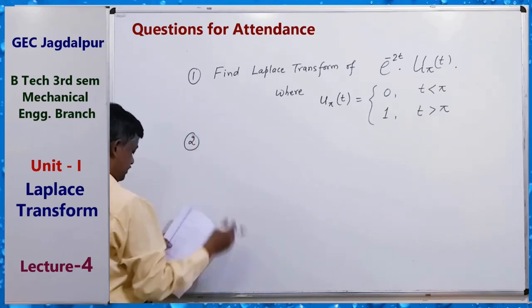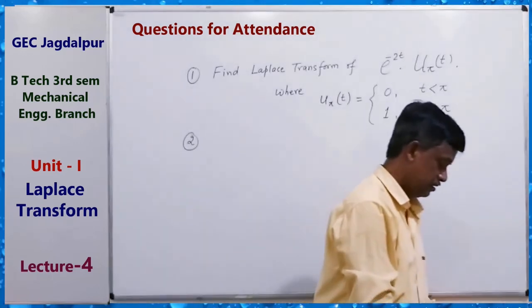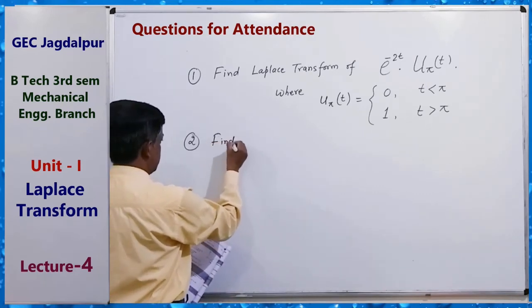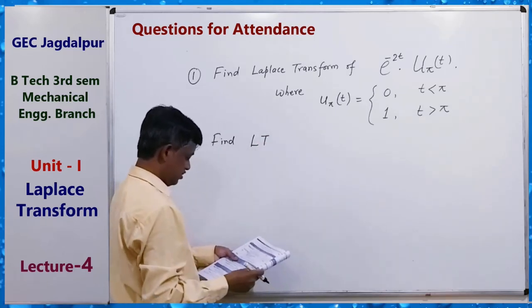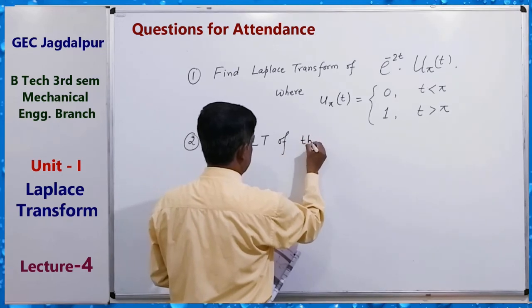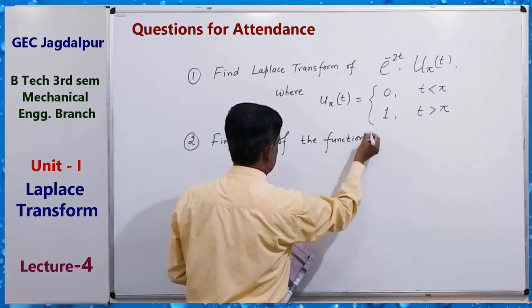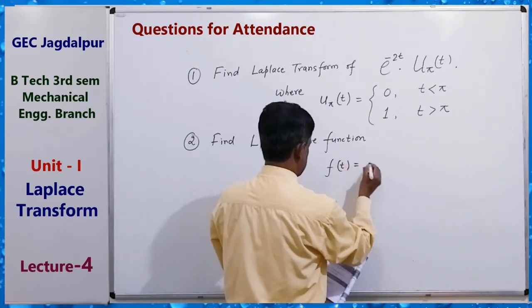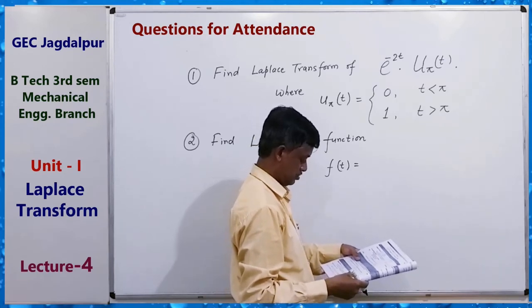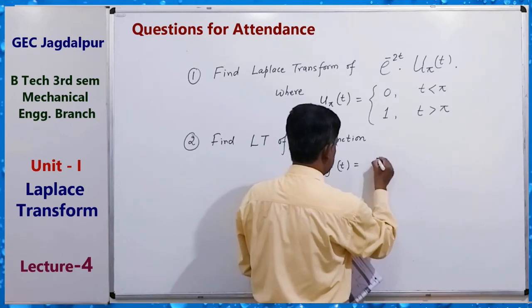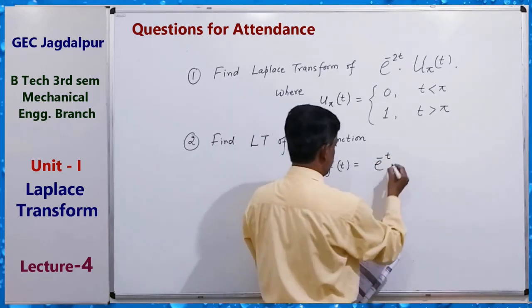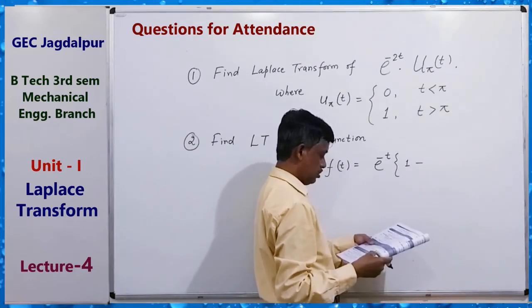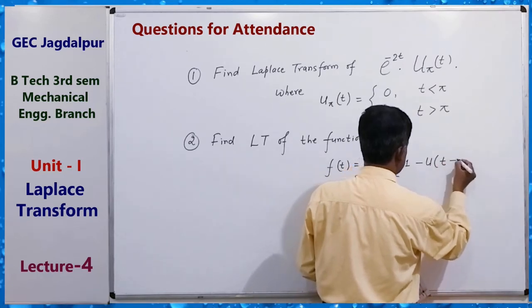Second question is: find the Laplace transform of the function f(t) equals e to the power minus t times (1 minus u(t minus 2)).